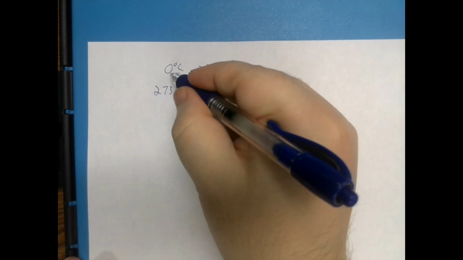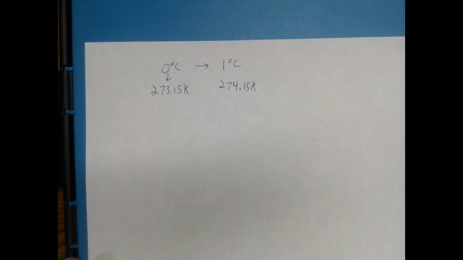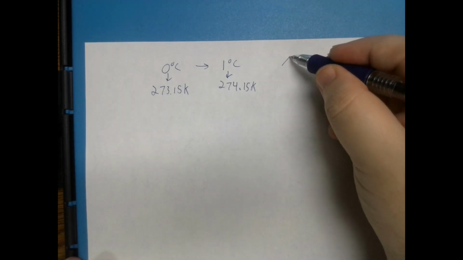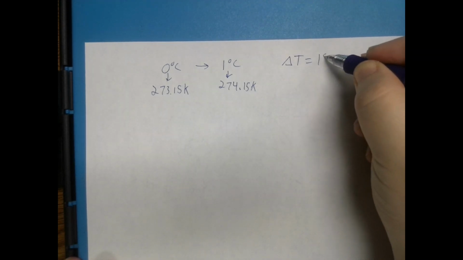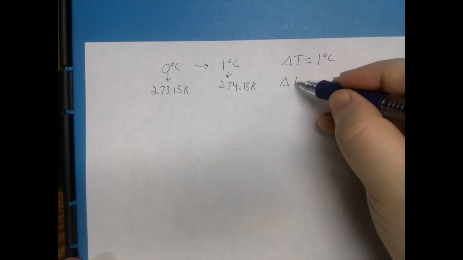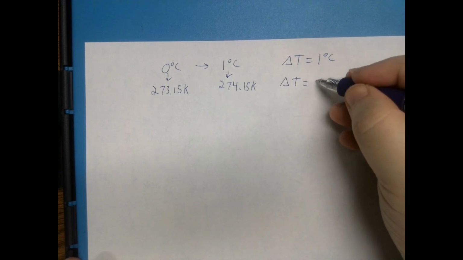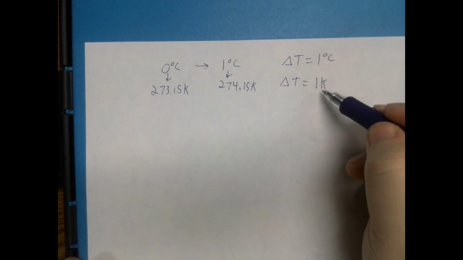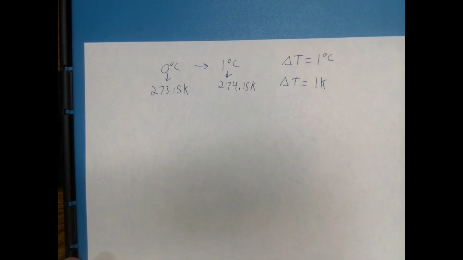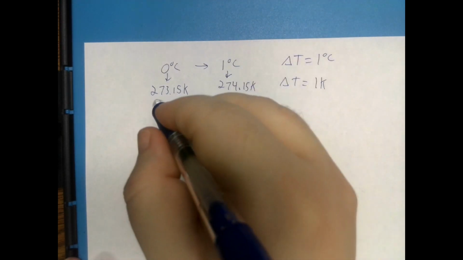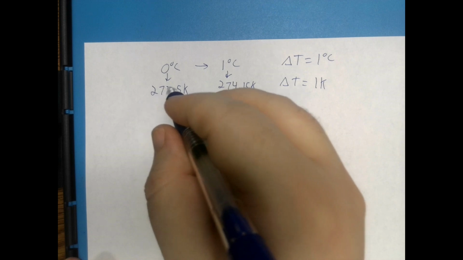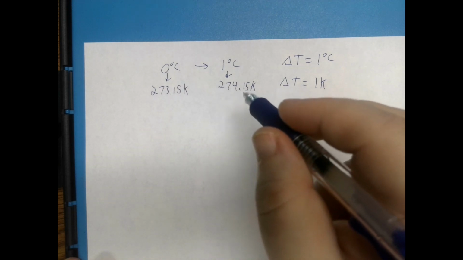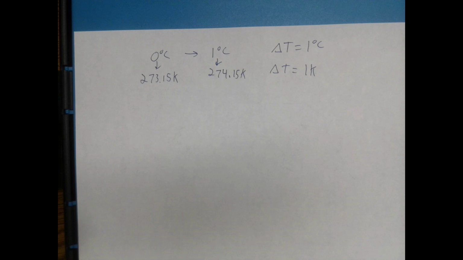So 0 degrees is the same thing as 273.15 Kelvin. 1 degree is the same thing as 274.15 Kelvin. So the change in temperature here is 1 degree Celsius. The change in temperature here is 1 Kelvin. So the change in temperature is the same. I could have done this 0 to 10, or 273.15 to 283.15, and the change in temperature would be the same.